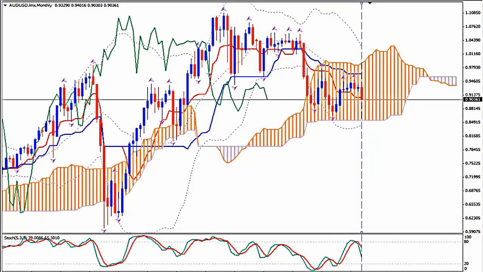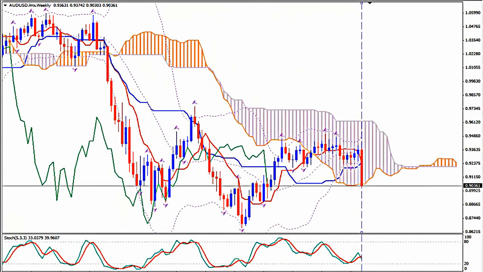So on the weekly, my second entry rule is to see a bearish Kumo breakout validated by Chikou span on weekly, and yes, I see it. Chikou span is about to cross below price action.